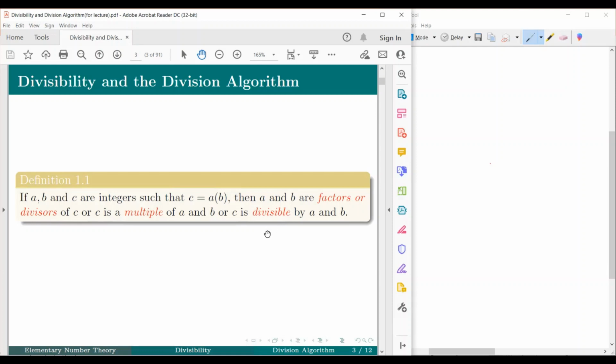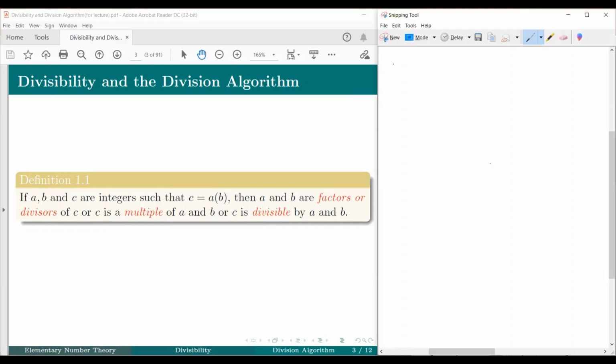So for example, if we have 14 is equal to 7 times 2, we call 7 and 2 factors or divisors of 14.